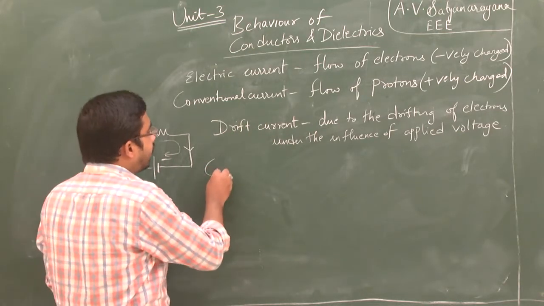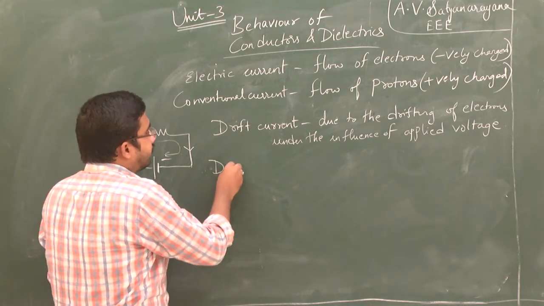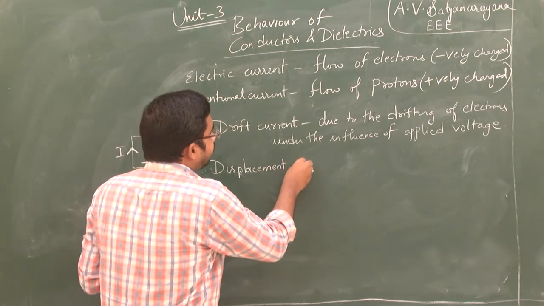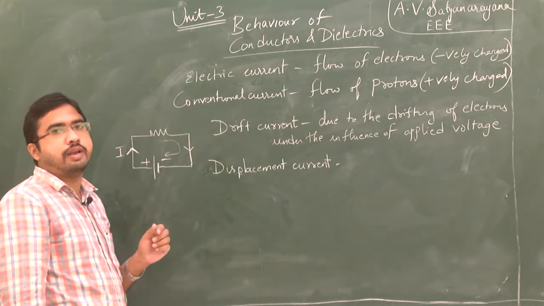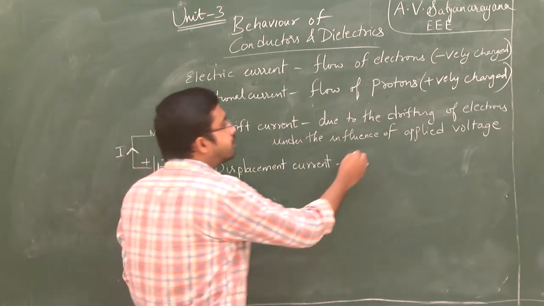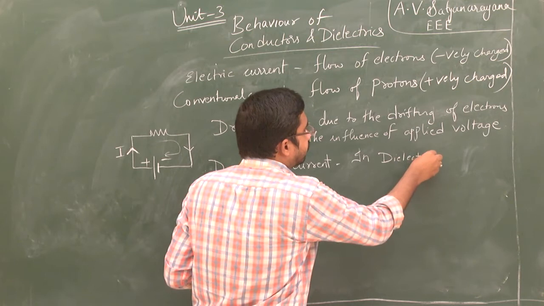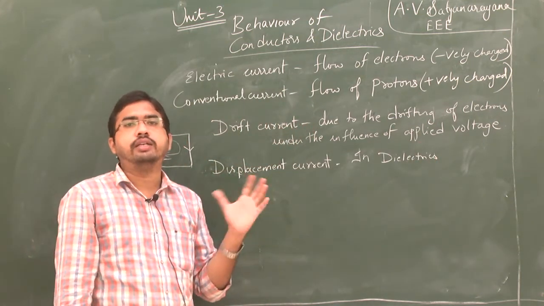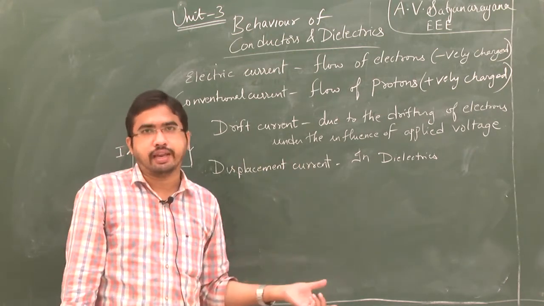Next, there is another current called as displacement current. Okay. So what about this displacement current? This is particularly observed in dielectrics. In dielectrics, actually there will not be any movement of free electrons. There will not be any free electrons available in dielectrics.